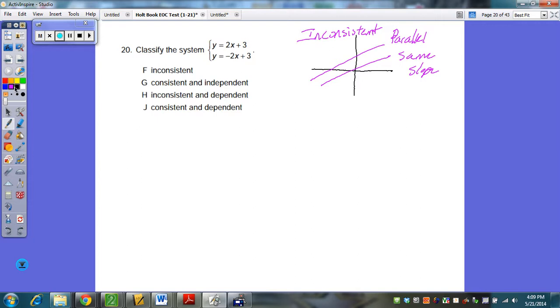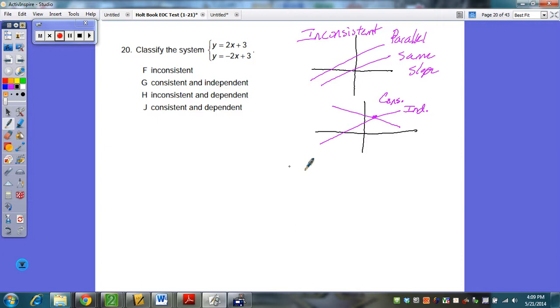All right? A consistent system is a system that has a solution. However, we have two different types. We have independent, where it has one solution. Okay, independent. Think one, independent. Okay, this is consistent, independent.